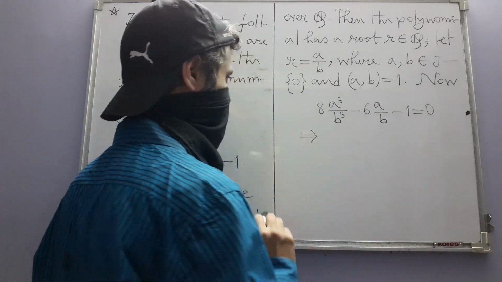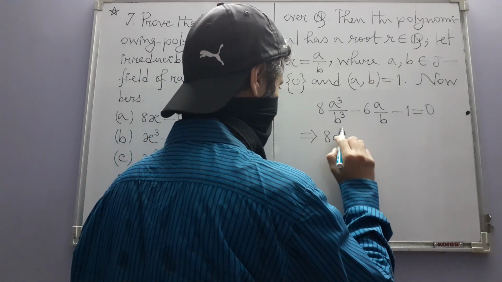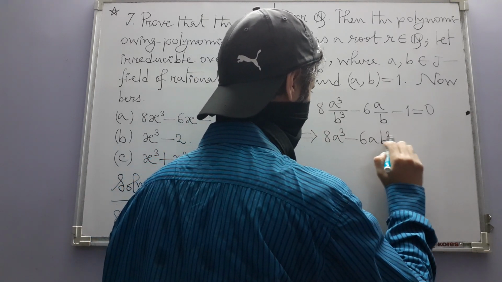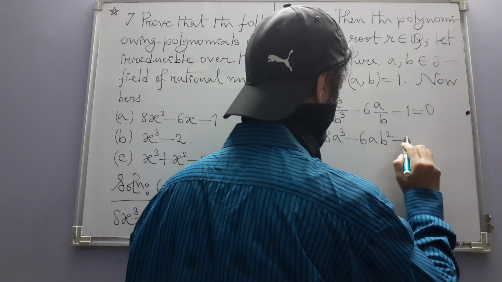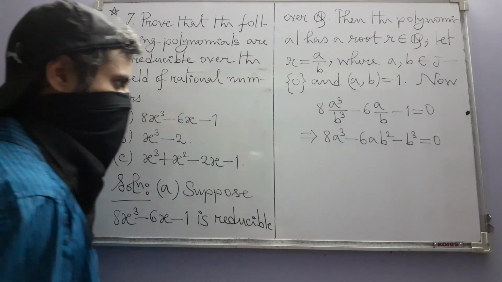Now if you multiply both sides by b cube, you will get 8a cube minus 6ab square minus b cube is equal to 0.